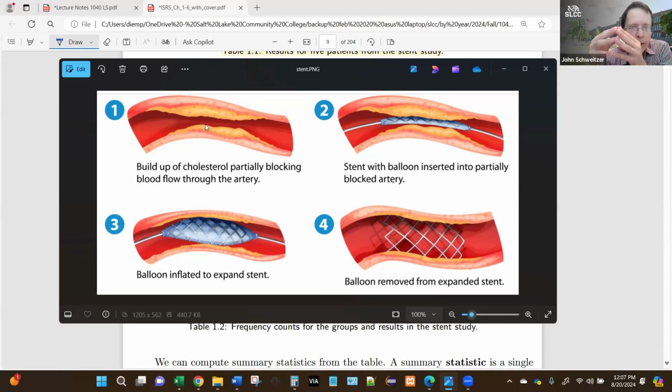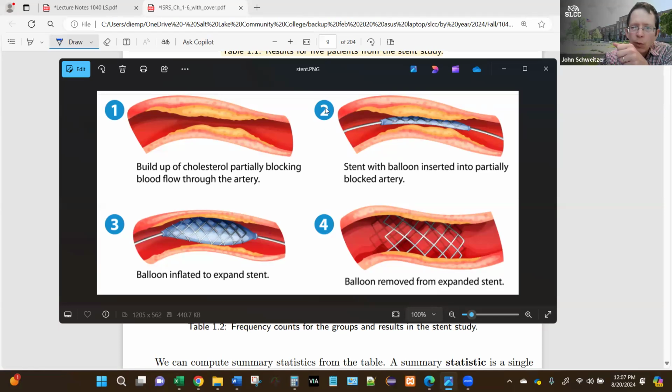And that's not good. In fact, sometimes it gets so bad that you can have a cardiac event. You can have a stroke, or other things I'm sure can occur if you have enough of this cholesterol buildup. But what they were looking at is strokes. Typically a stent would be used after somebody's had a stroke.